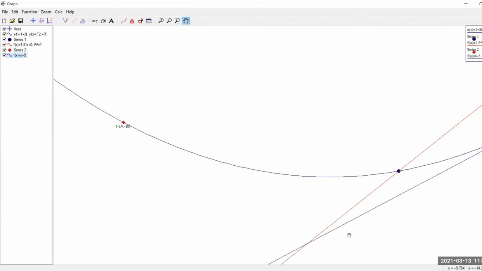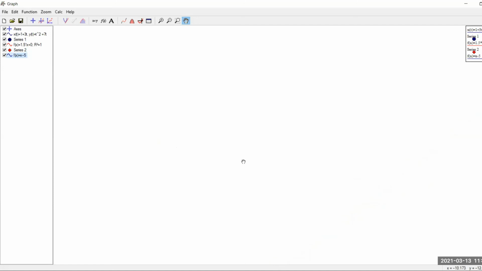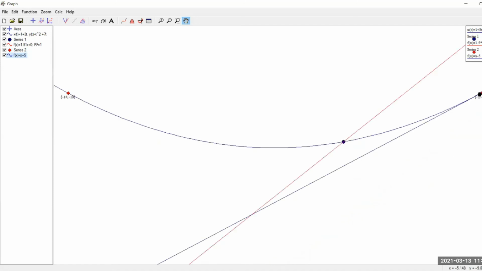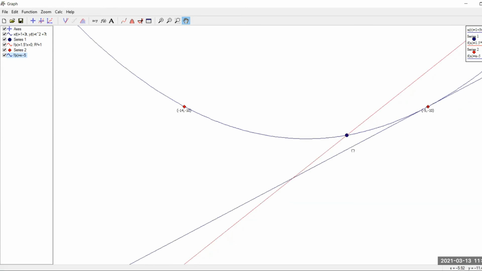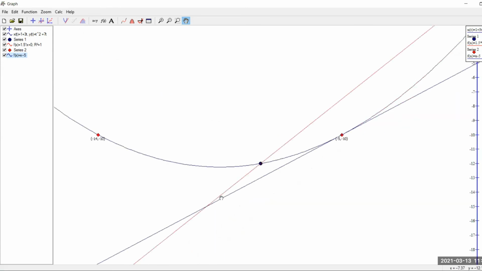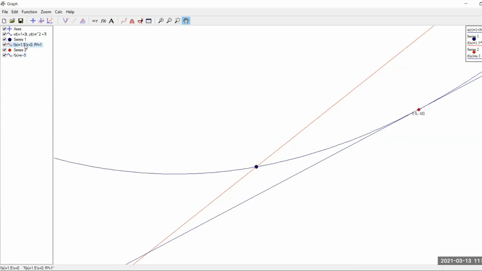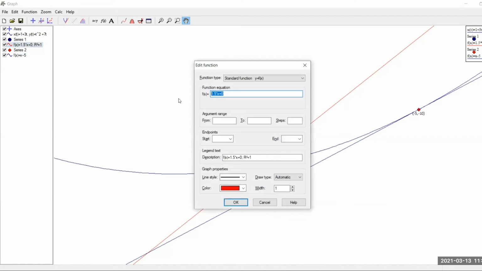Look at that. X minus 5 passed through our point P. See there? Now let's insert the next one, just so we can fully see it right here. Let's remove some of this stuff.